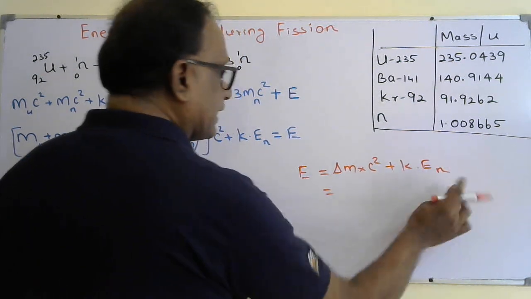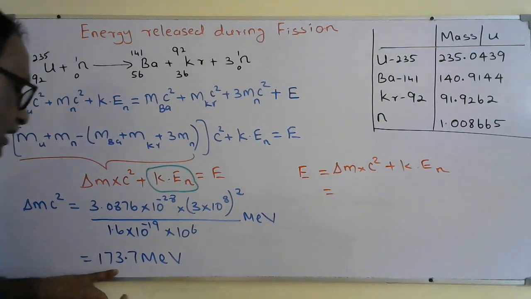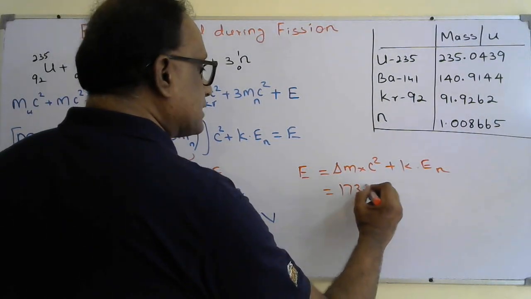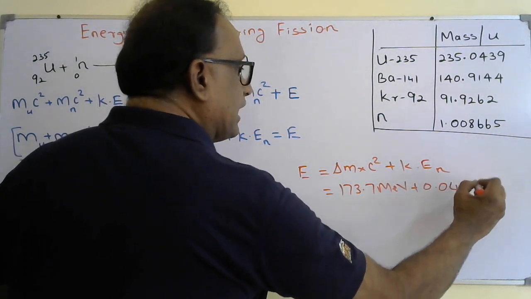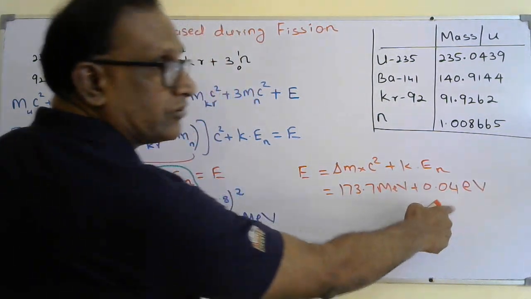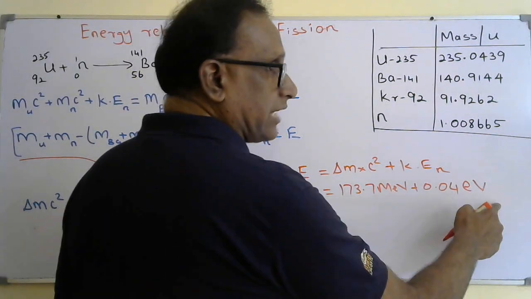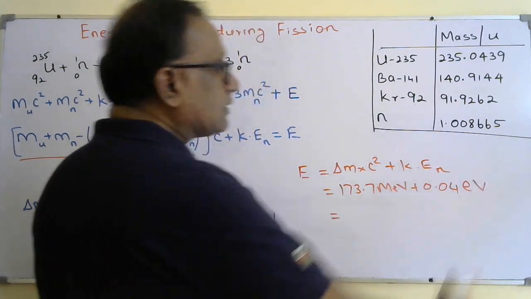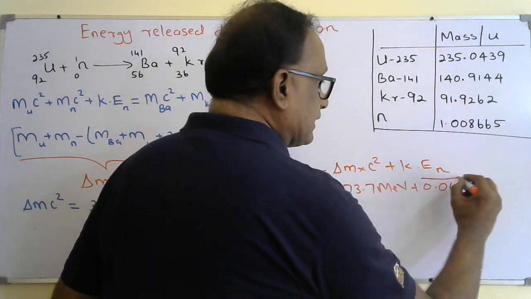Kinetic energy of the neutron is 0.04 electron volt, negligible compared to this. So 173.7 mega electron volts plus 0.04 electron volt. I worked it out with the 3 by 2 kT format. When you solve it, you'll get the final answer. Normally we don't consider this amount.